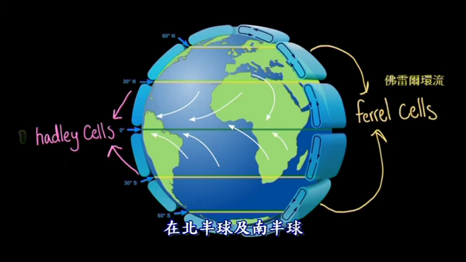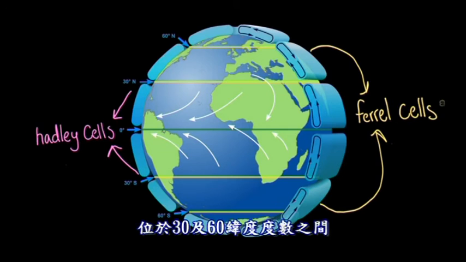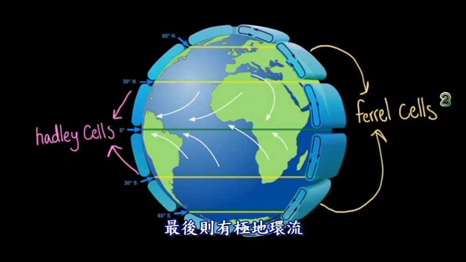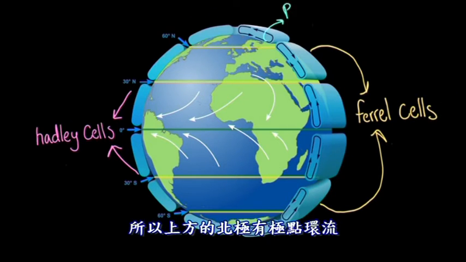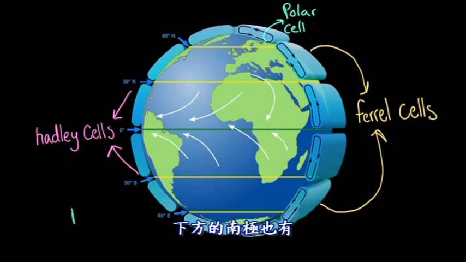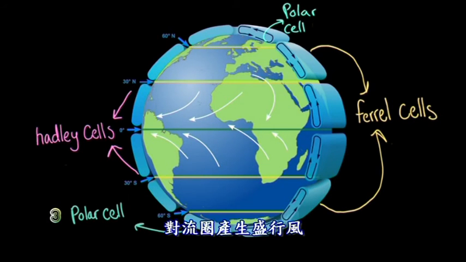And these are located between the 30 and 60-degree marks in both the northern and southern hemispheres. And lastly, we have the polar cells, which, as you can probably guess, are right by the poles. So we have polar cells up here at the North Pole, and we also have polar cells down here at the South Pole. And these convection cells create prevailing winds that move heat and moisture around the Earth.